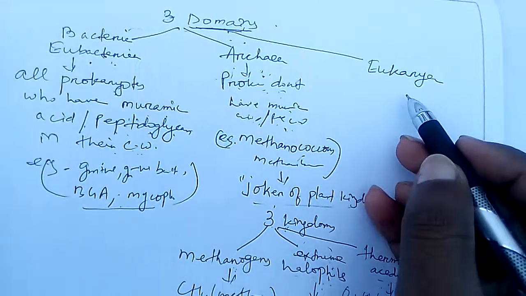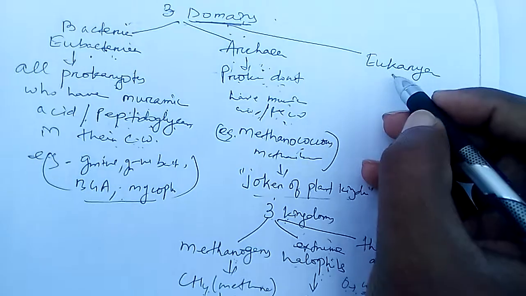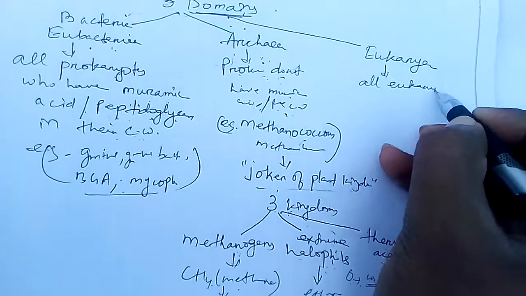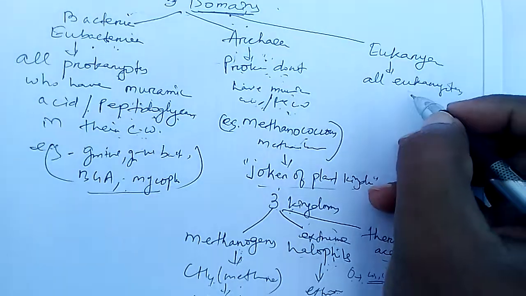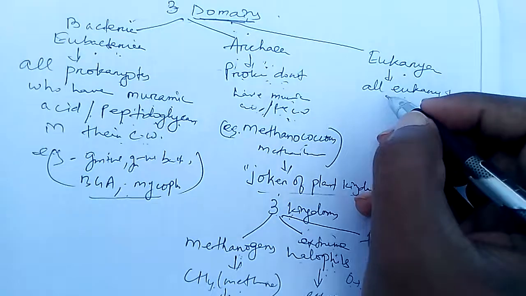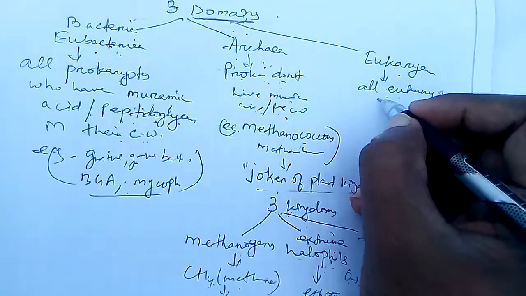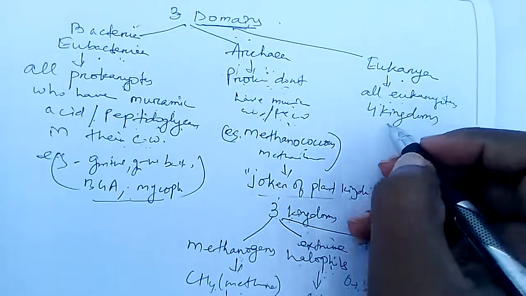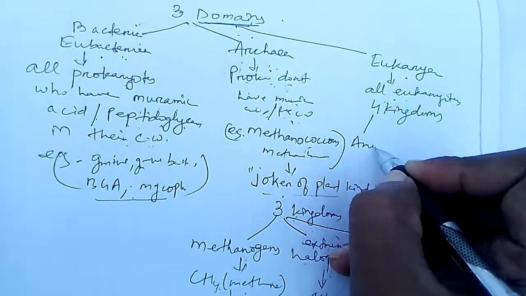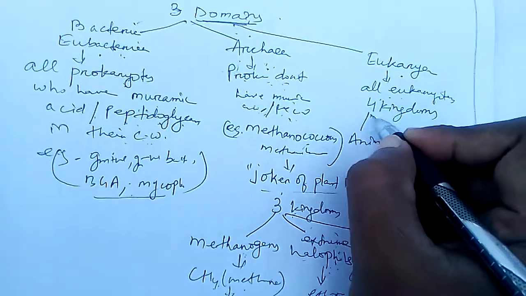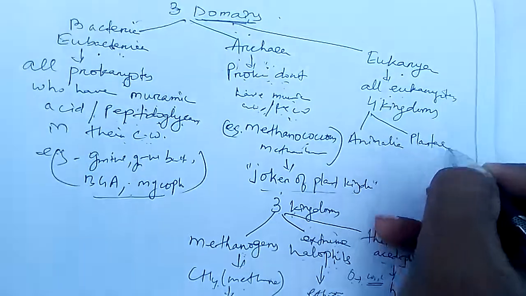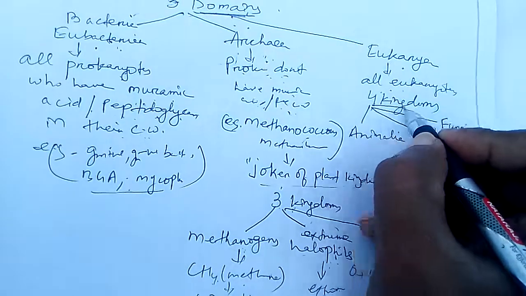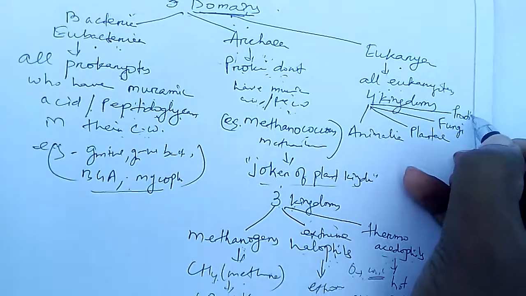Then we are going to discuss eukarya. In eukarya, all eukaryotes are included. Then this eukarya domain is again divided into 4 kingdoms, and those 4 kingdoms are Animalia, Plantae, Fungi, and Protista.